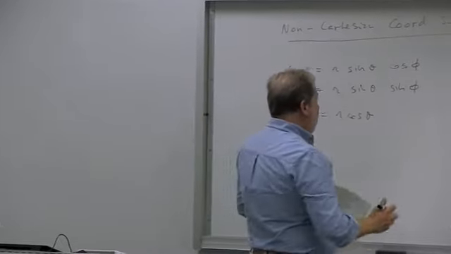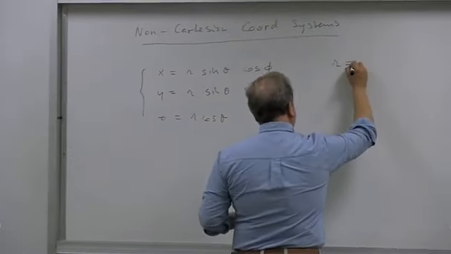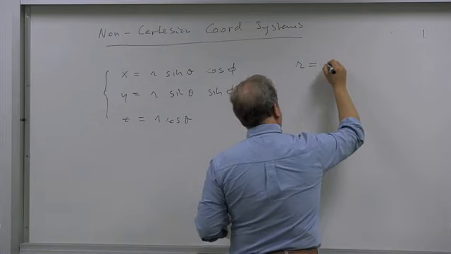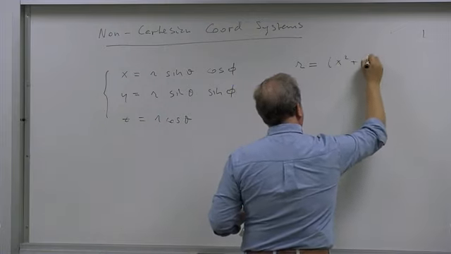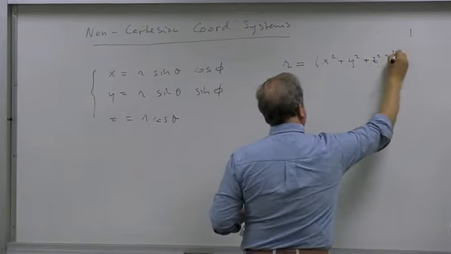We can invert this relationship, and we can write r as the square root of x squared plus y squared plus z squared, right?